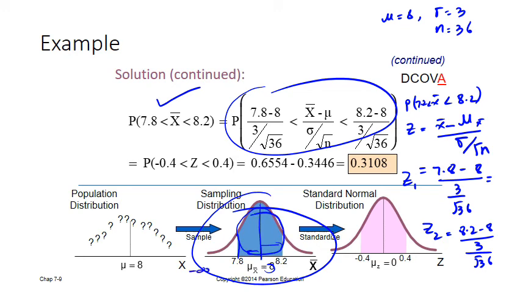From minus infinity to minus 0.4 in the z table, you will see the area, and it will be 0.3446, and similarly from minus infinity to positive 0.4, you will see the area in the z table, it would be 0.6554. You can subtract this smaller area from this larger area, then you get the required area, like the way he did it here. So your z1 is minus 0.4 and z2 is plus 0.4.